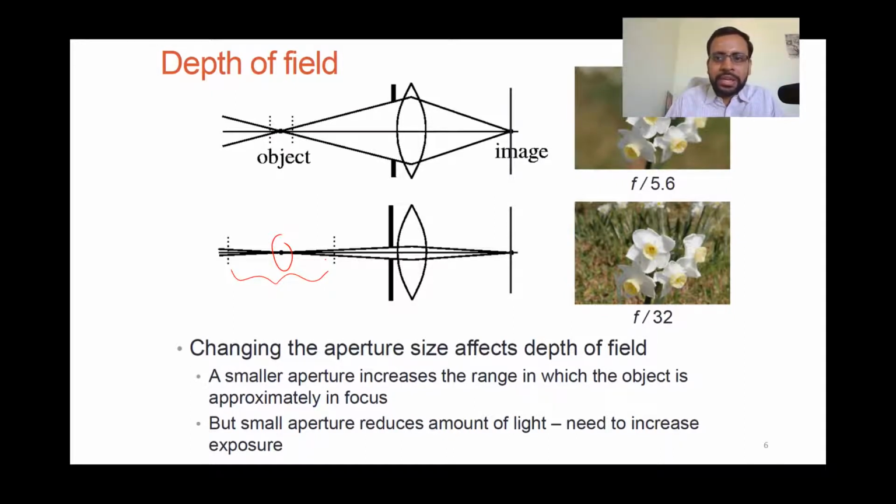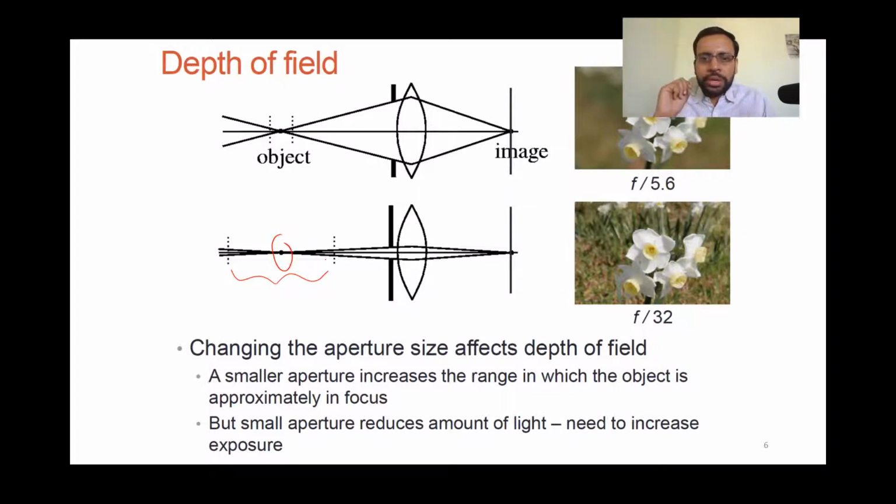That's what is referred to as depth of field. It's not depth of focus, it's depth of field. So the most important consequence of the diameter of the aperture is on depth of field.